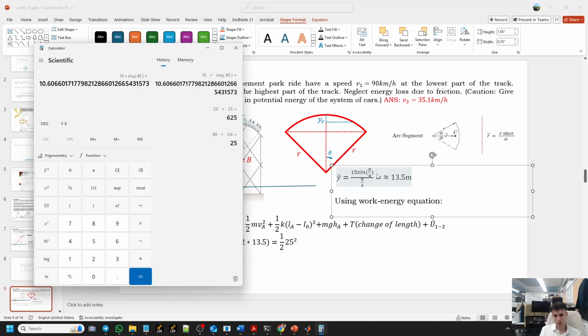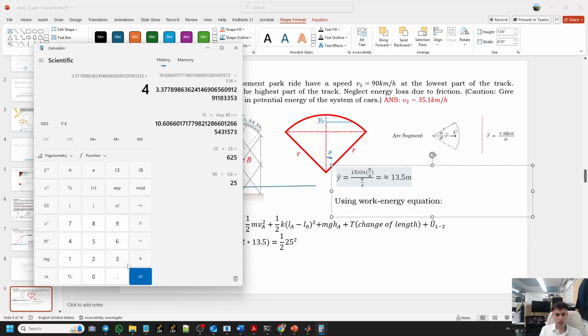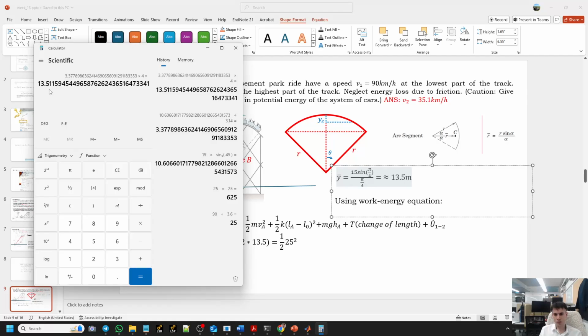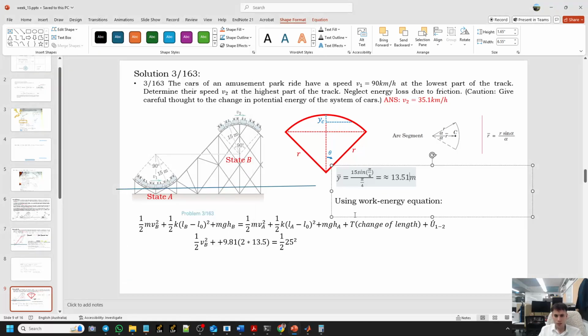This is this part, 15 sine pi over 4, the numerator, divided by 3.14 pi, and then 4 comes up, times 4. It will be 13.5 meters, or you can put 1. So this is y bar.